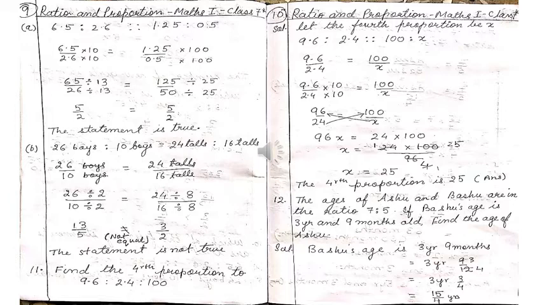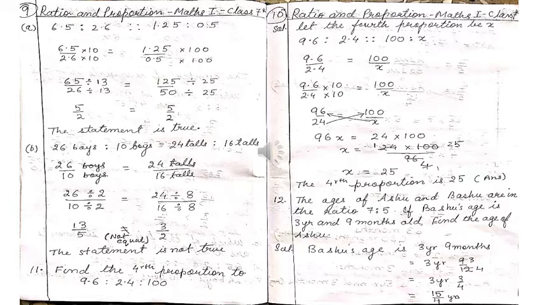Let's take the B part. 26 boys is to 10 boys. Now here boys and boys are cancelled, that is why the ratio does not contain any unit. And 24 dolls is to 16 dolls. 24 dolls upon 16 dolls, you just cancel dolls and dolls. Then simplify 26 upon 10 with 2, that is 13 upon 5.